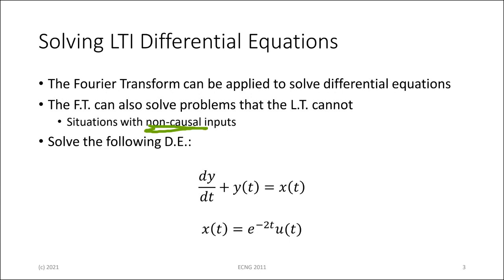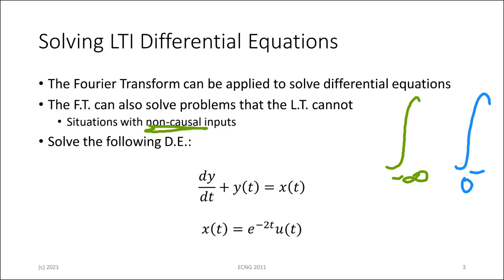Because the integral for the Fourier transform starts at minus infinity, whereas the Laplace transform, of course, starts at just before 0. So there's a little bit of a difference. This is why with the Laplace transform you need to do initial conditions.